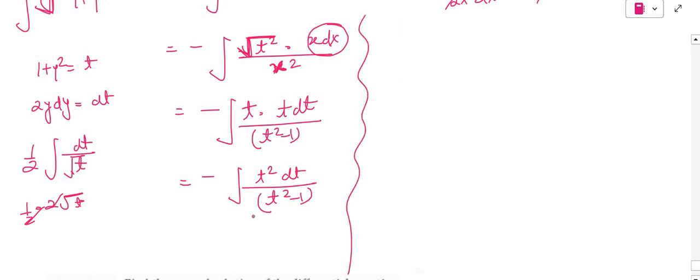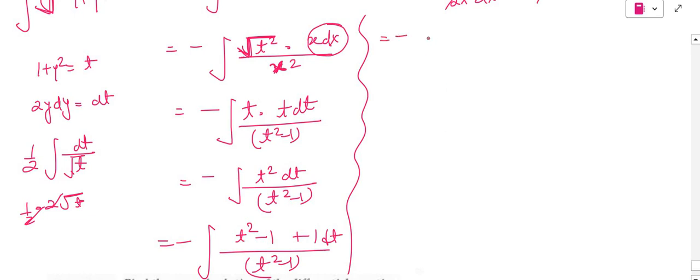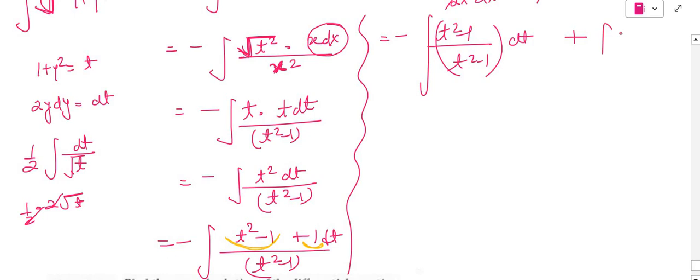See here, can I purposely do minus 1 and plus 1? Can I do it purposely? So what will it be? Minus of, now I can separate this part and this part out. So it will be integration of t square minus 1 by t square minus 1 dt plus integration of 1 by t square minus 1 dt.